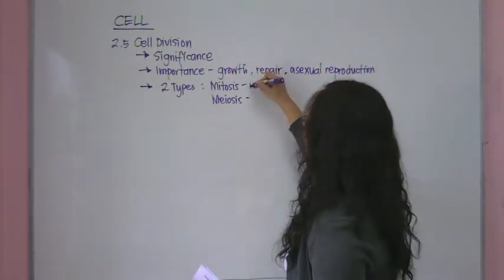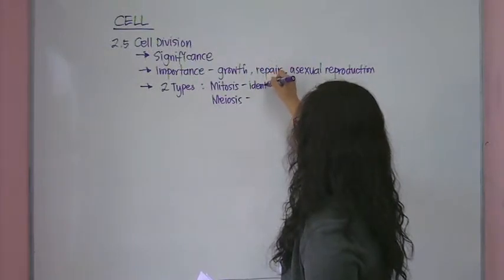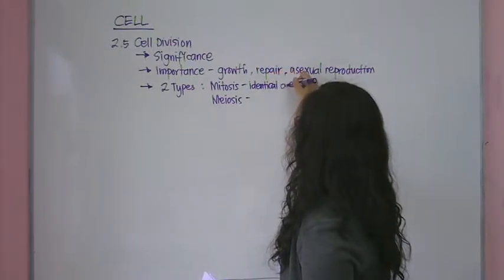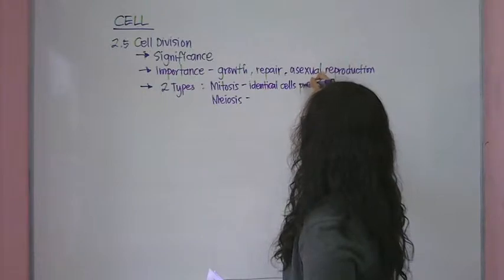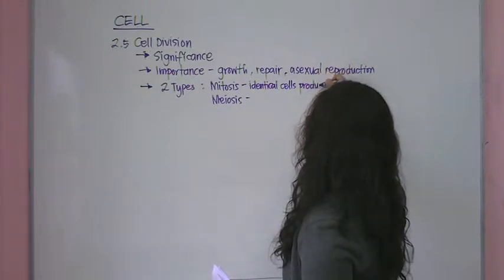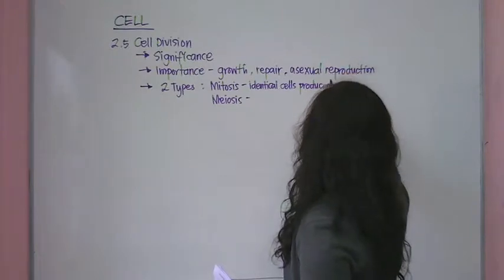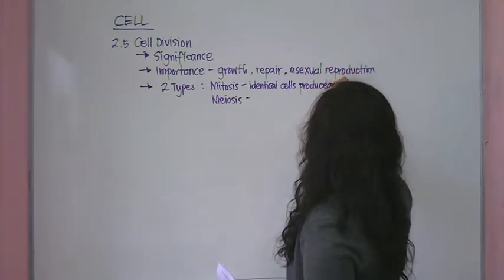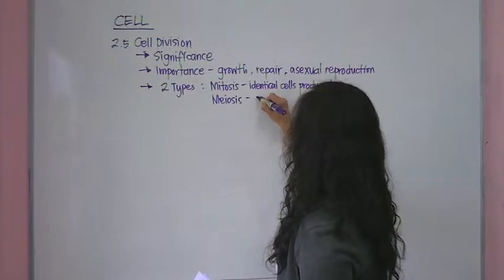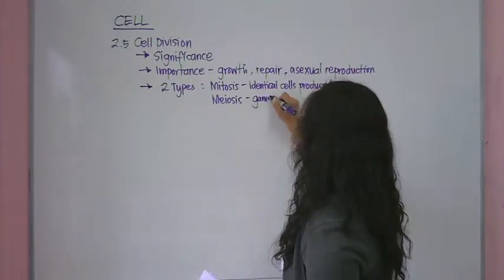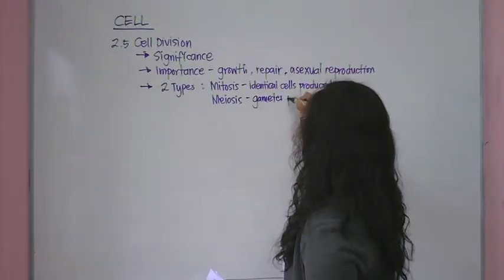So basically, reiterate to the students that identical cells are produced in mitosis, whereas for meiosis, gametes are produced.